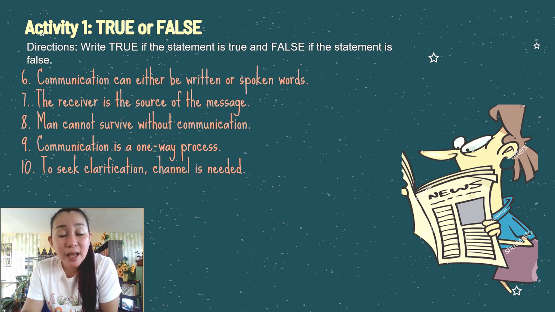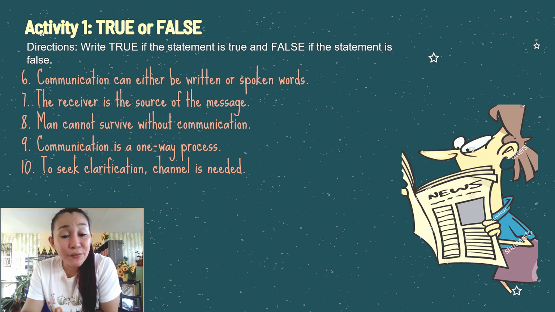Number 6. Communication can either be written or spoken words. Number 7. The receiver is the source of the message. Is it true or false? Number 8.